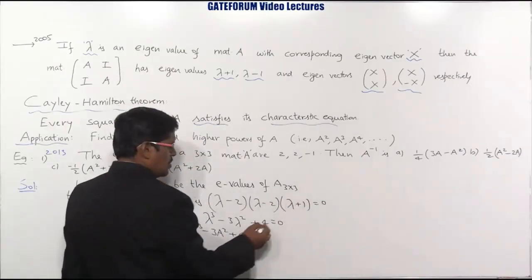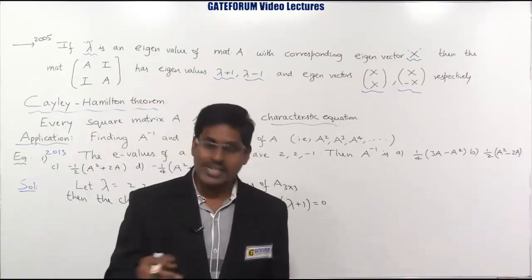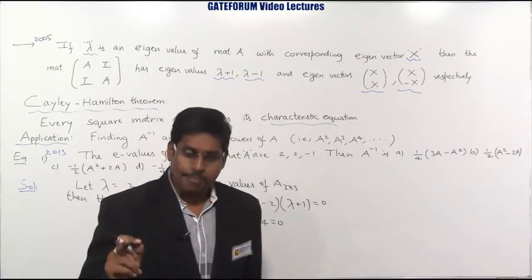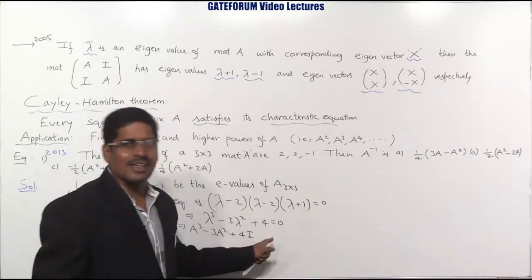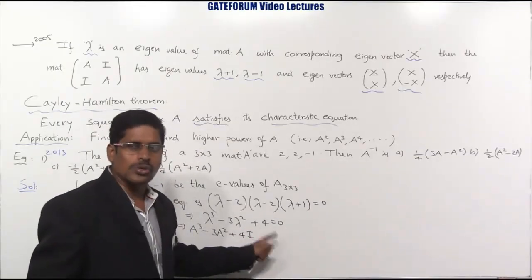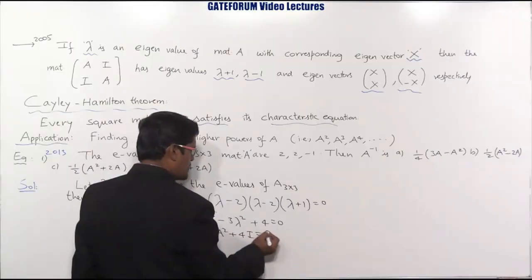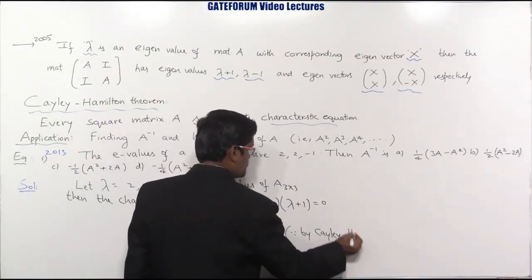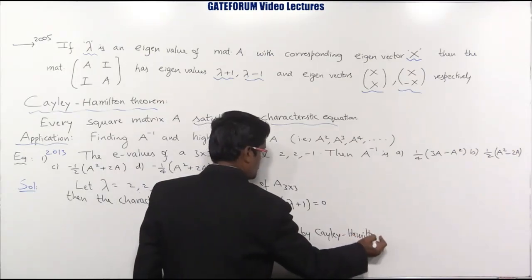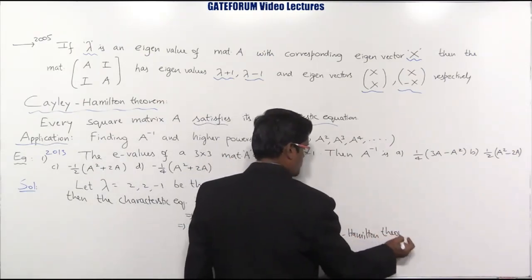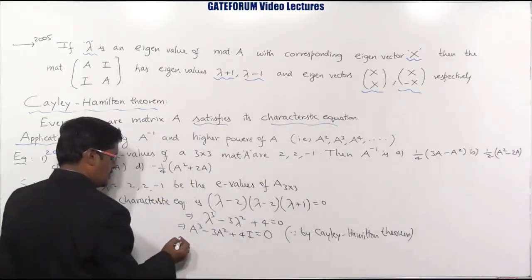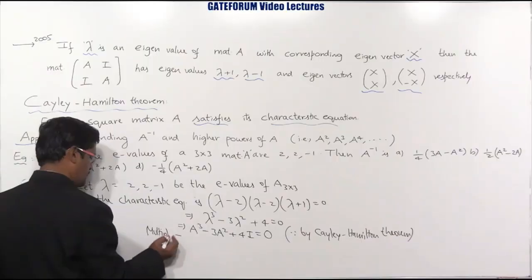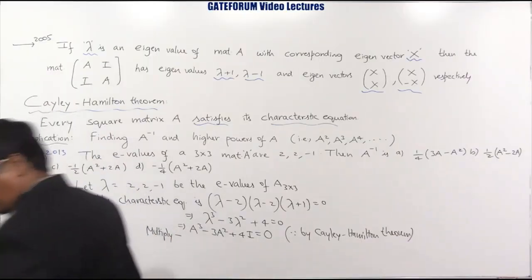Okay, so when a constant term is there in the characteristic equation, the corresponding polynomial term is that number into I, that is 4 into I, minus 3, then it becomes minus 3I, plus 2, it becomes plus 2I, is equal to the null matrix. Okay, since by Cayley-Hamilton theorem, multiply both sides by A inverse.